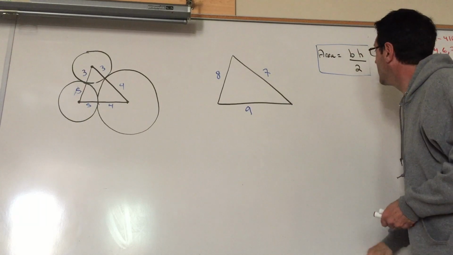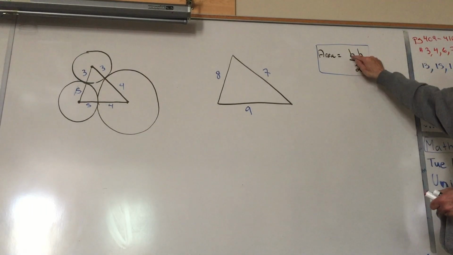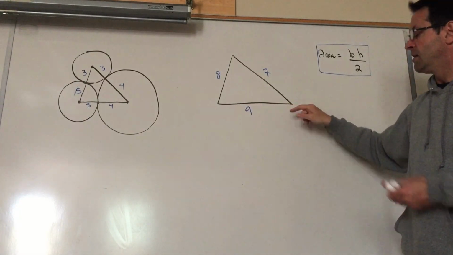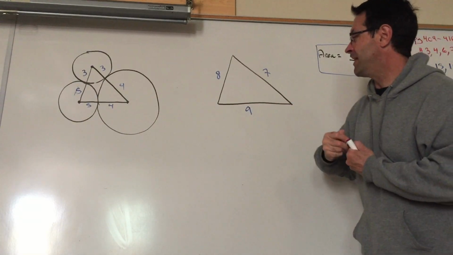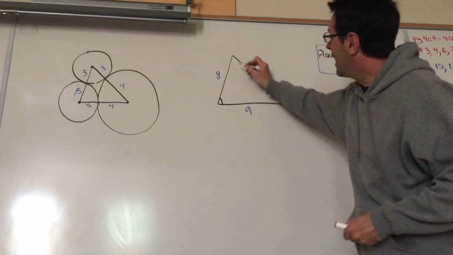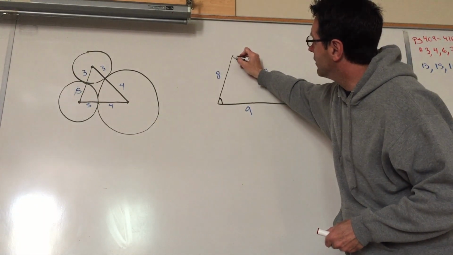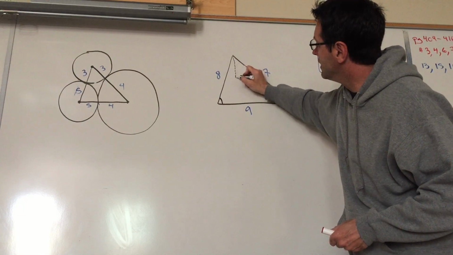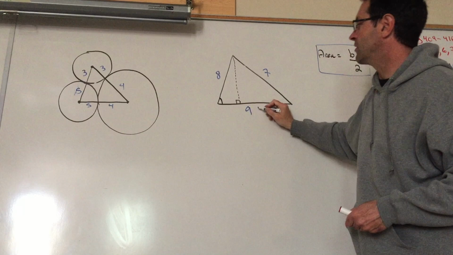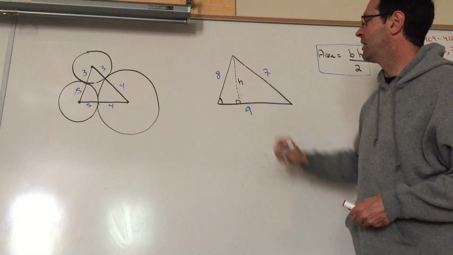The area of a triangle is base times height divided by 2. Well, we've got a base here. We can use the cosine law to find this angle here. But what about the height? If I drop a line from here down, perpendicular to the horizontal side, we can call that the height. Well, how can I find it?